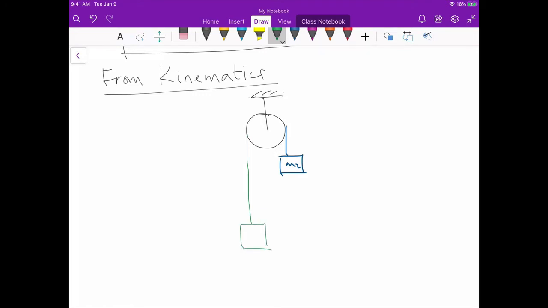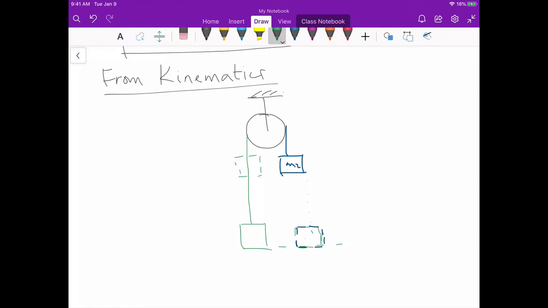When you let the whole system go, mass 2 is going to come down and hit the ground, and of course mass 1 is going to come up over here.